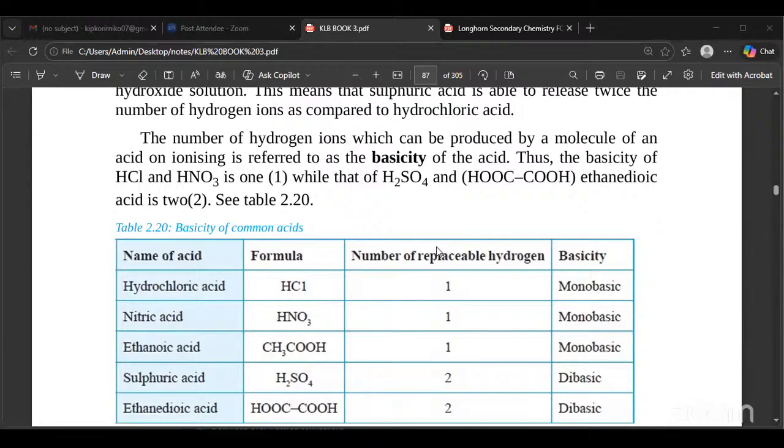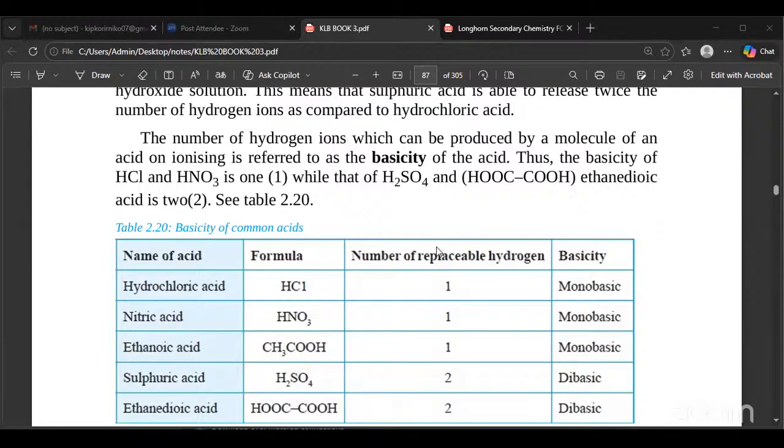So when you're writing the equation, it could bring about problems. It is very important for you to know the basicity of the acid. Sometimes they will ask you the question itself: what is basicity? It is the number of hydrogen ions in an acid.